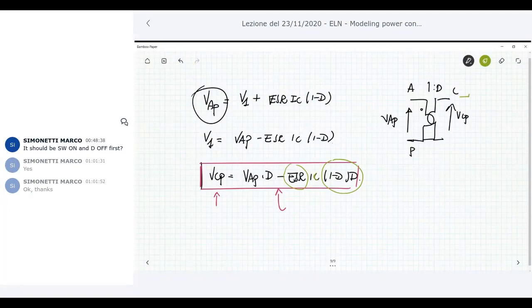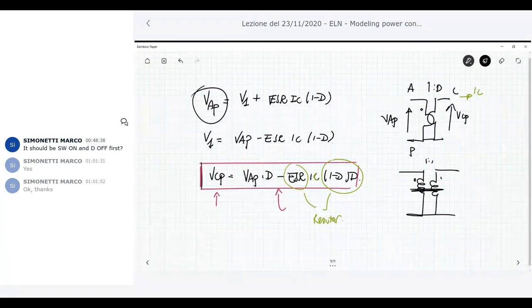The current here is exactly IC, so I can represent this expression as a resistor. My circuit becomes something like this: I have VAP, and at the secondary side the transformer, so VAP multiplied by D, and then a resistor, and this resistor is ESR D (1 minus D).